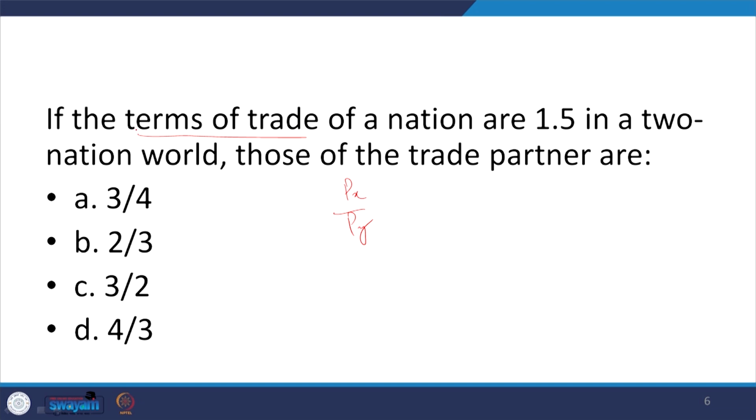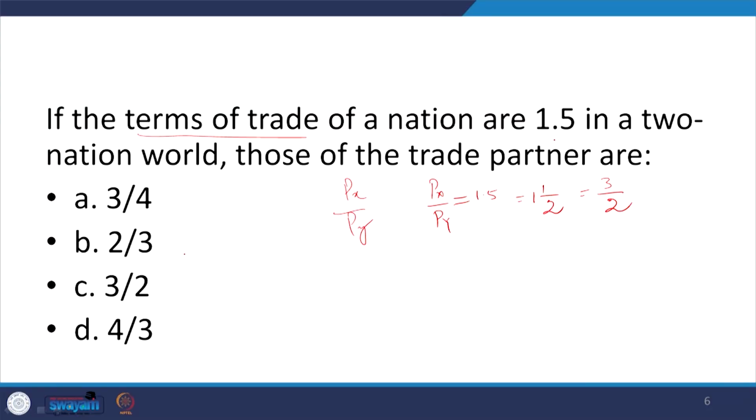If the terms of trade of a nation are 1.5, Px by Py equal to 1.5, which means 3 by 2, all right. So, the relative price of exports is higher than that of imports. It is 3 as against 2, exports are higher as compared to the imports.